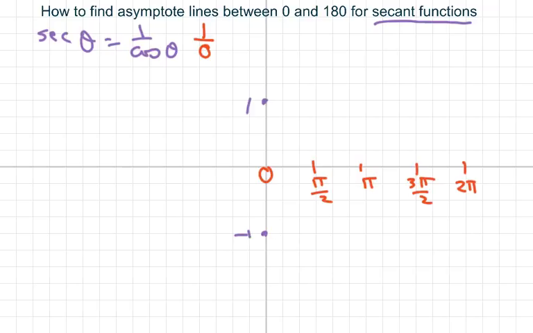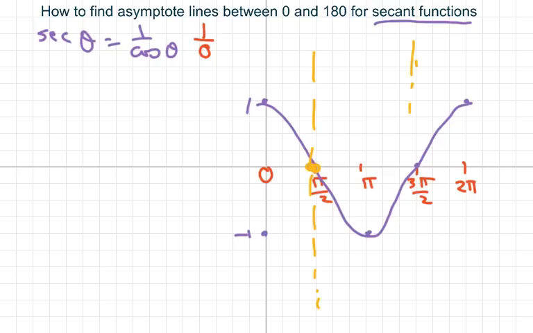And here's your cosine. I'm going from 0 to 2 pi here. Your secant lines are right here, because this is where you divide by 0, you'll get an undefined. And I can go ahead and draw a secant.